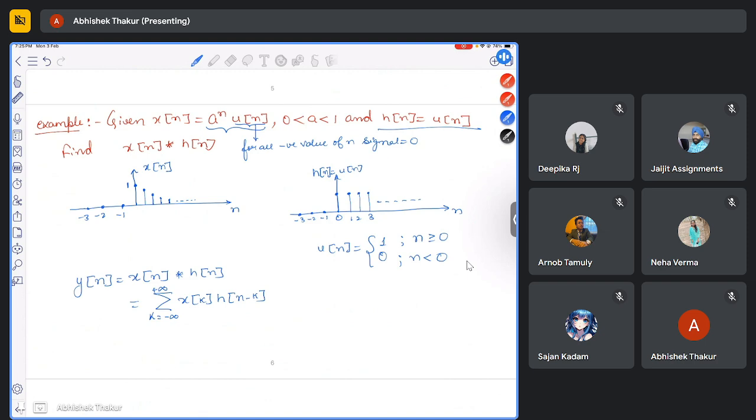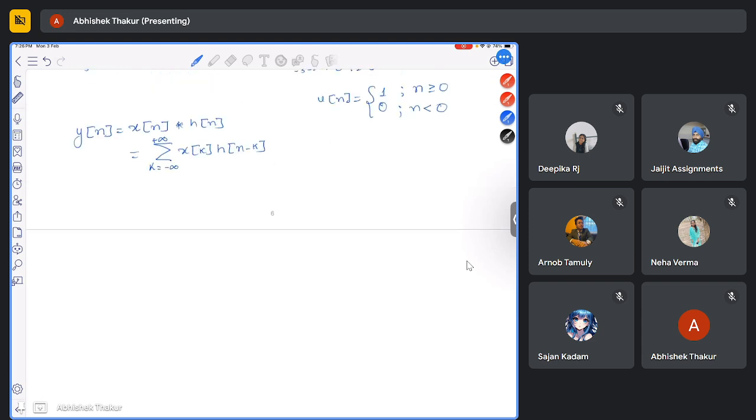So now we have to do this convolution. Let's do it in the graphical way. So the first step is to represent x[n] and h[n] graphically. Now the second step: change the axis from n to k. So now this is k and this is our x[k].